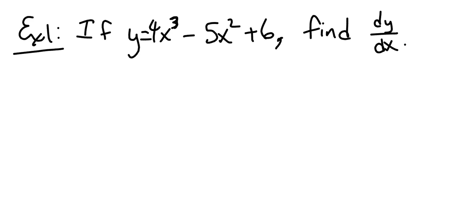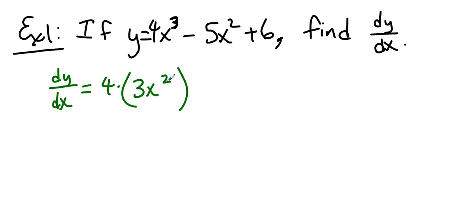No limit as h approaches 0. None of that. Why? Because we know that a constant multiple, we just bring that there, and we just take the derivative of this thing. Power rule says that that's 3x squared. And then we're just stringing together minuses and pluses.